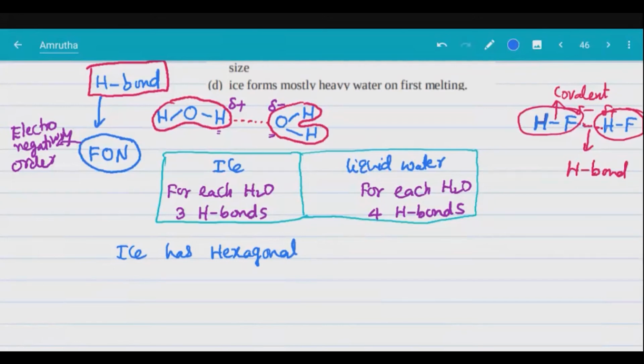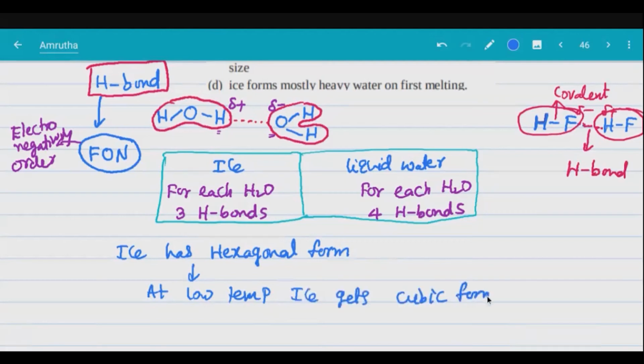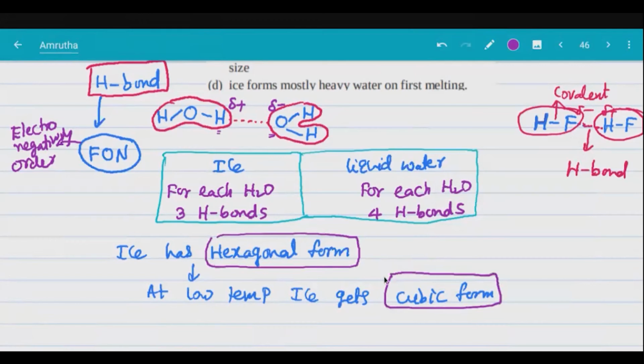There are 7 crystal systems for any solids. So ice has hexagonal form. At low temperatures, ice gets a cubic form. See, these are different forms of a solid. The arrangement is different. Hexagonal form, cubic form, the different forms.